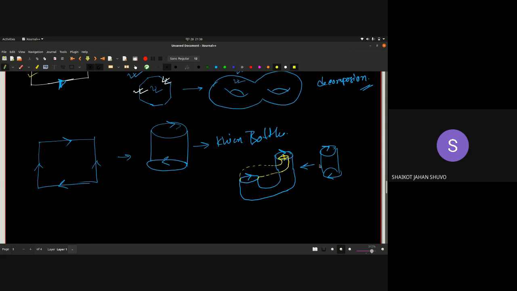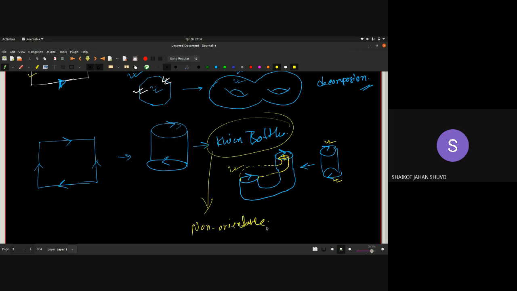If you want to understand intuitively, these two have some sort of opposite orientation. But you want to identify them, right? So you have to make them similar, and this is one way to do that. And this is the Klein bottle, and it's a non-orientable surface, by the way.